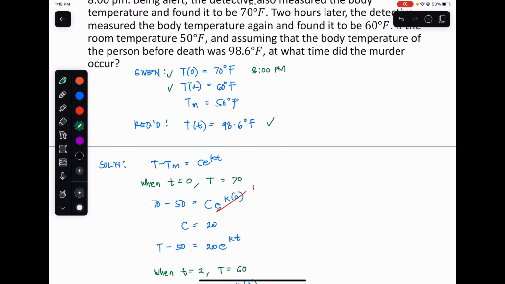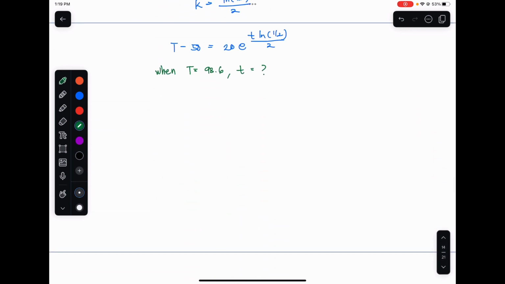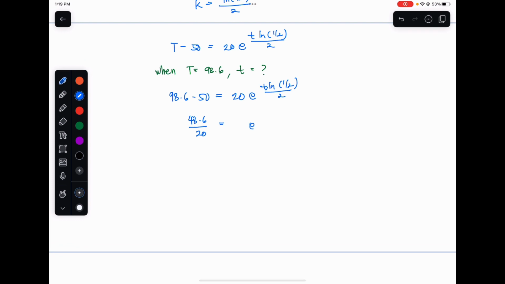Therefore, we need to subtract it from 8 p.m. to find the exact time. To find t, we substitute: 98.6 minus 50 is equal to 20 e raised to t ln of 1/2 all over 2. This would be 48.6 divided by 20 equals e raised to t ln of 1/2 all over 2.